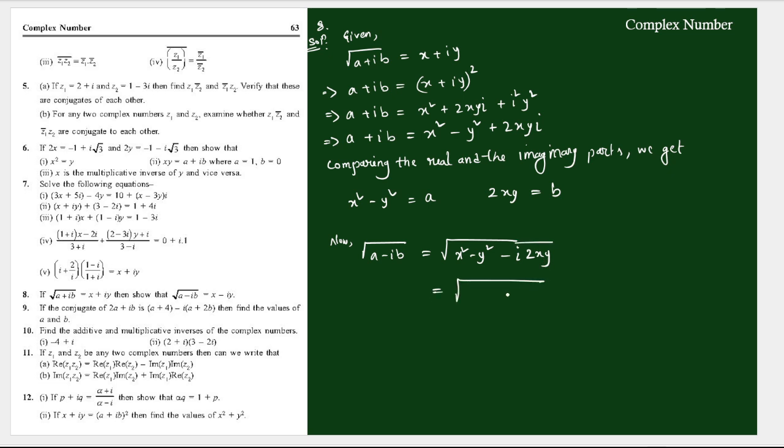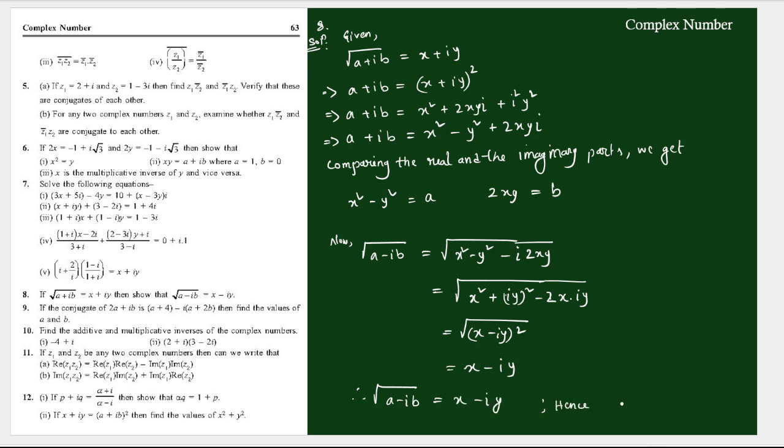So this is nothing but your, चलो x square plus, ये पहले की तरह बनाएंगे, right. iy whole square कर देंगे, then minus 2x iy कर देंगे, then this becomes your x minus iy whole square. तो root हटा देंगे तो क्या आएगा? x minus iy. So therefore root of a minus ib is equal to x minus iy. This is your question number 8.